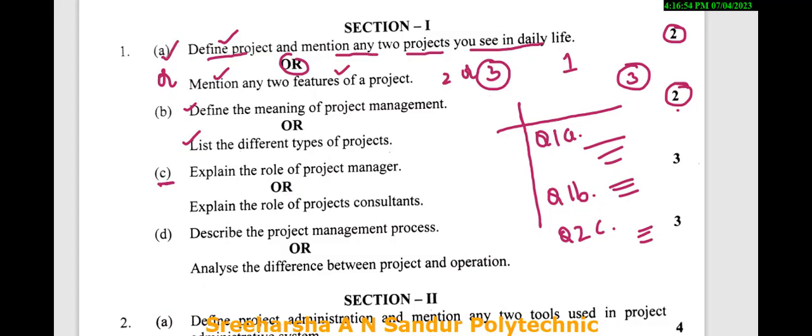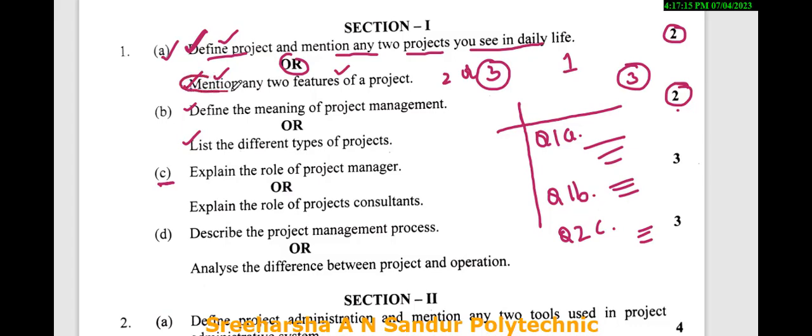In this particular example, if you know this question and also this question, and you are very confident, then write only one at the beginning.